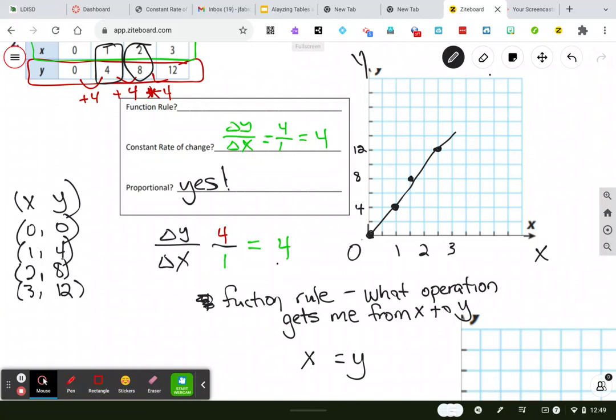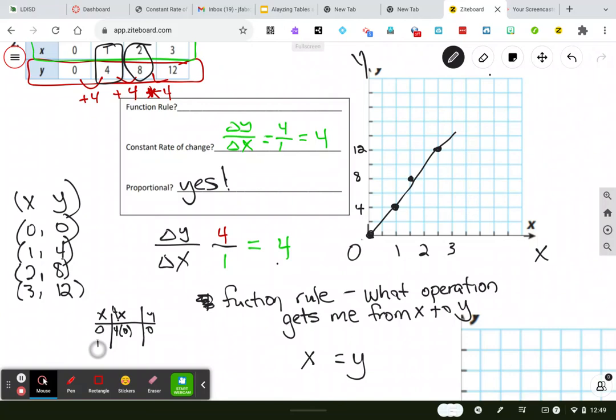So basically what I'm saying is every time I get my x and I go x times 4, 4x, I should get my y value. So my x is 0. And if I take 4 times 0, I get 0.